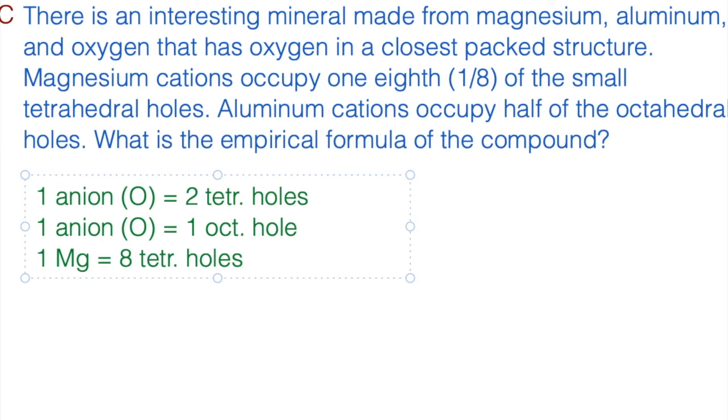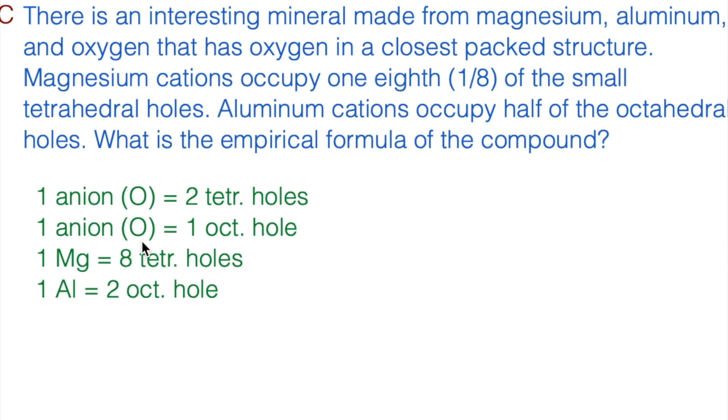So for every 8 holes that we have, 1 out of those 8 is occupied. So 1 out of the 8 holes has a magnesium in it. There's a 1-to-8 ratio between magnesium and the 8 tetrahedral holes. And then the last piece of information we're given is that there's 1 aluminum for every 2 octahedral holes. 1/2, or 1 out of every 2 holes, is occupied by aluminum.